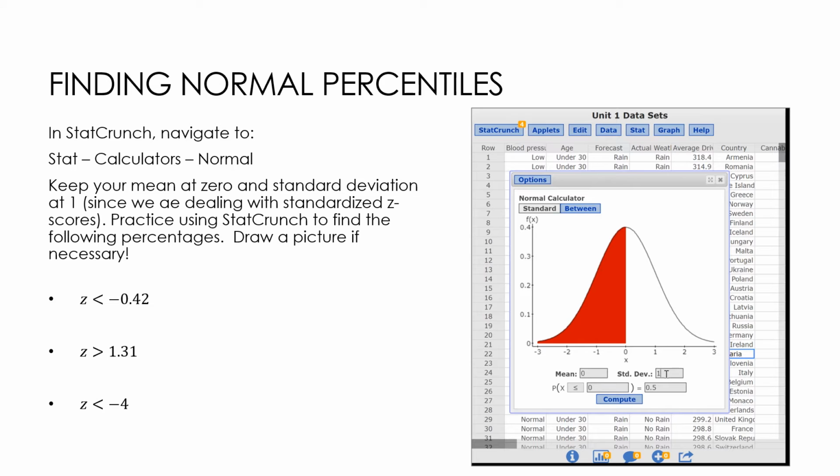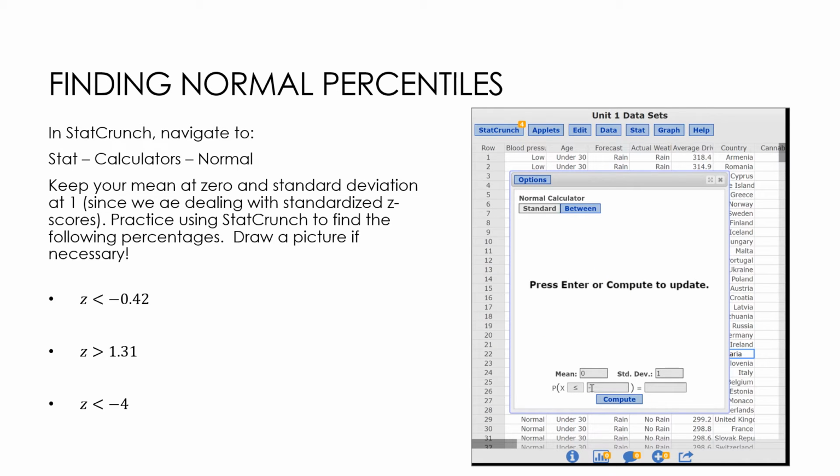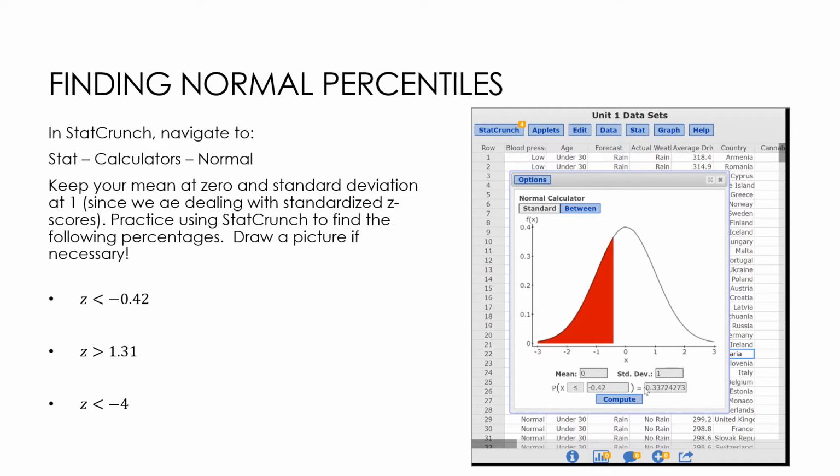Now the first one I want to practice with is z is less than negative 0.42. So here I'm going to choose less than or equal to. I can't choose a less than, but that's okay. And here I'm going to put negative 0.42. When I click compute, this value is my solution.